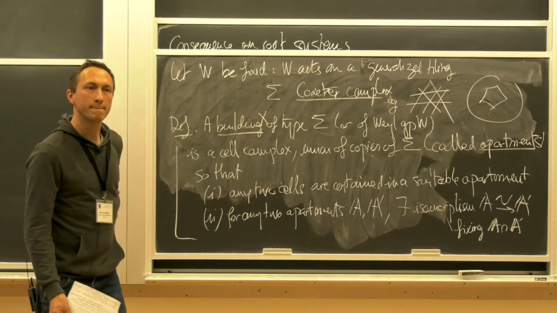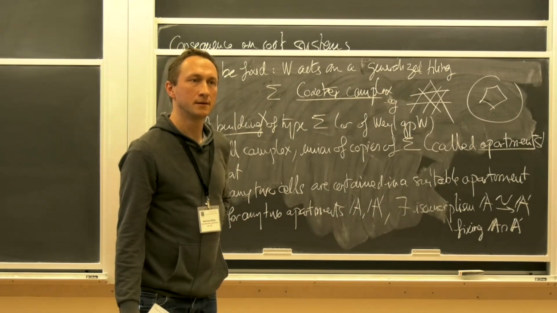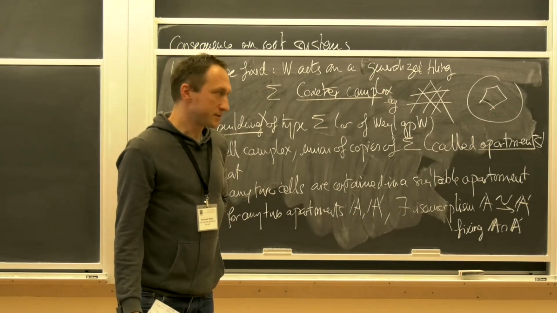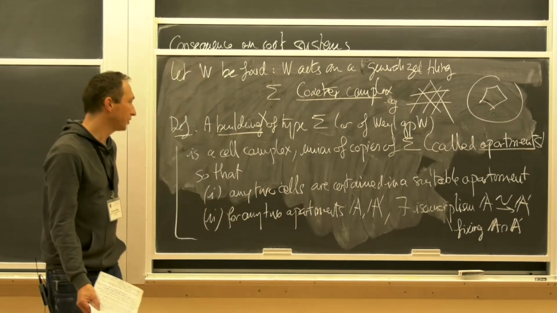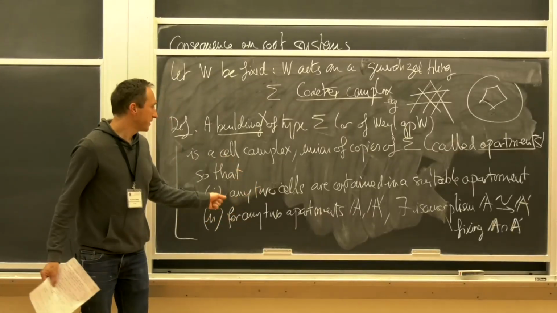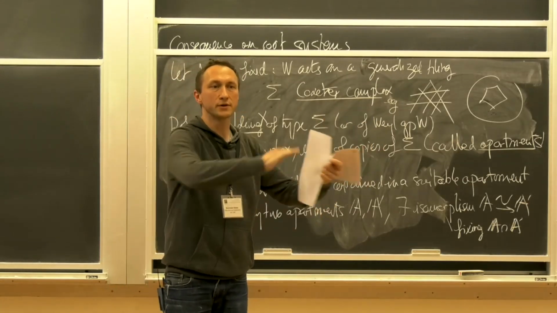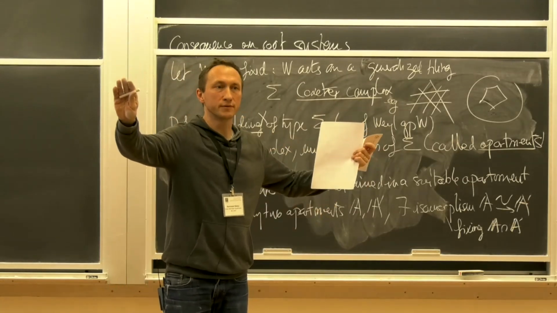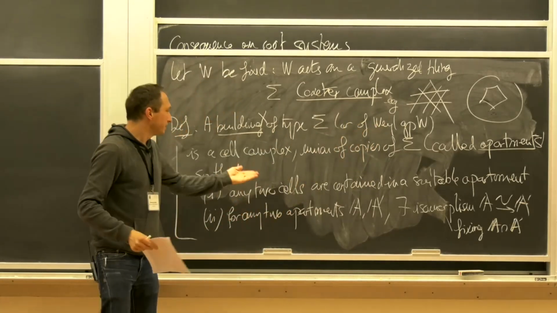Yes? Do you assume that the intersection of these apartments is a subcomplex? It is a subcomplex, yes. It will be convex even. Okay, so the first axiom tells me that I have a candidate for the distance, because whenever I'm given two points, I can take an apartment containing them and compute a distance.